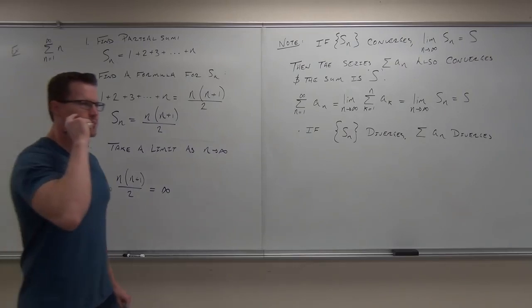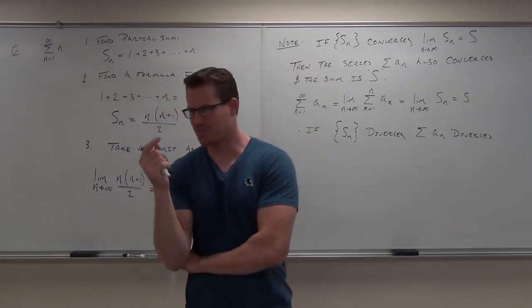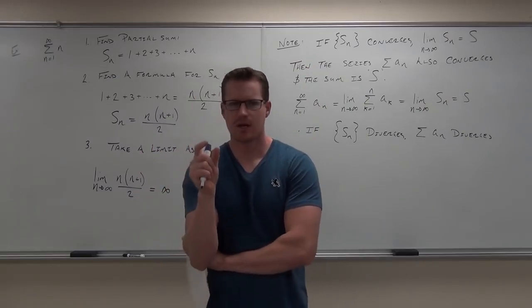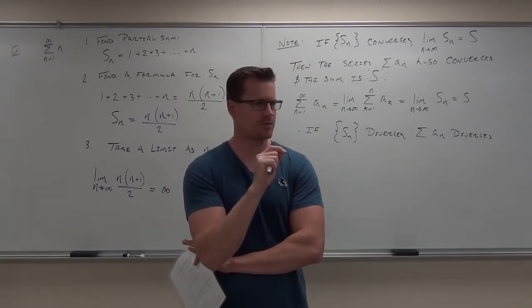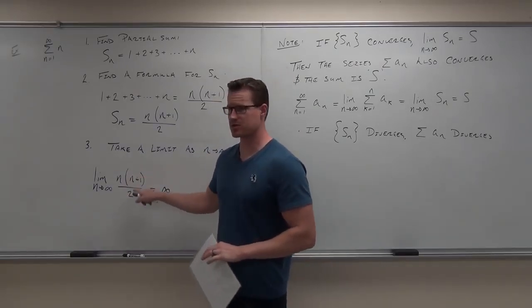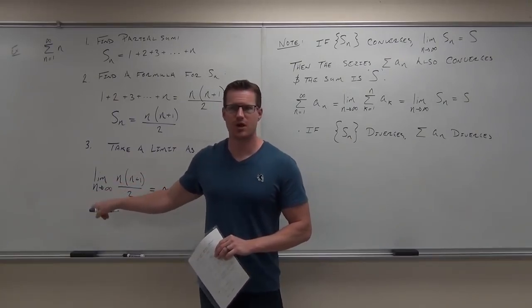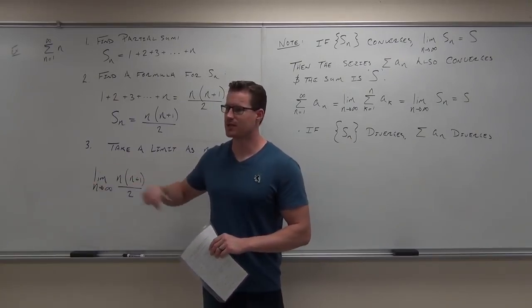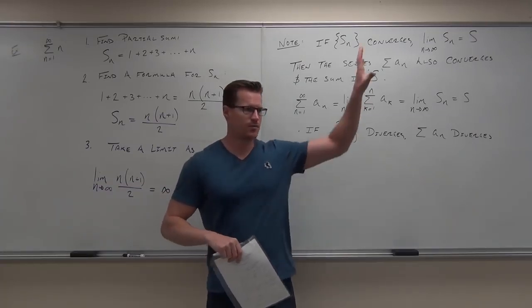What's that tell you? Here's the perfect terminology, I hope that you're getting this. Is the sequence of partial sums convergent? Remember, these are partial sums, right? No, it's divergent. What that means is that when you get to the infinite term, the sum equals positive infinity.